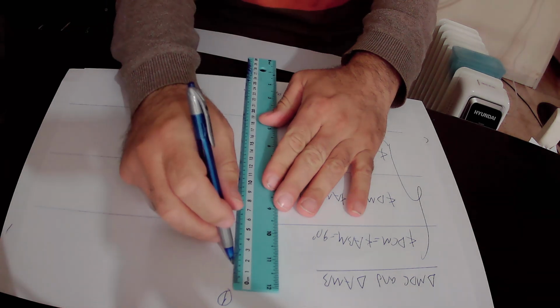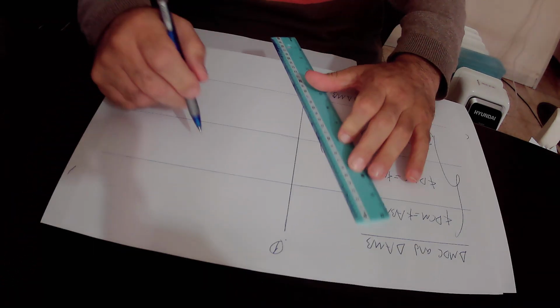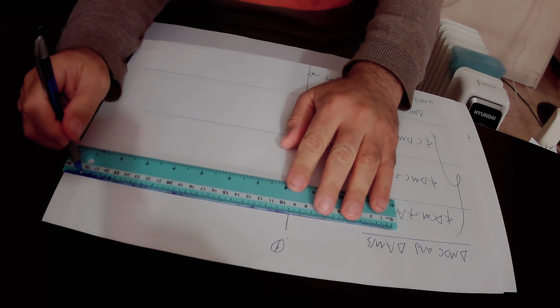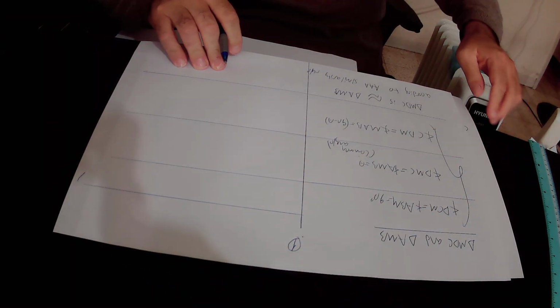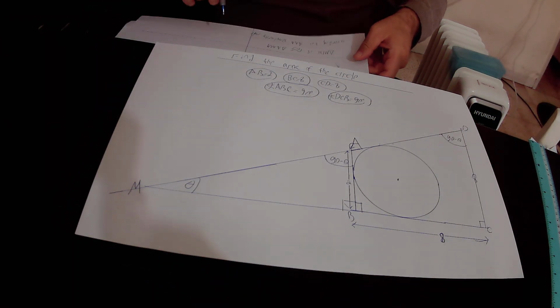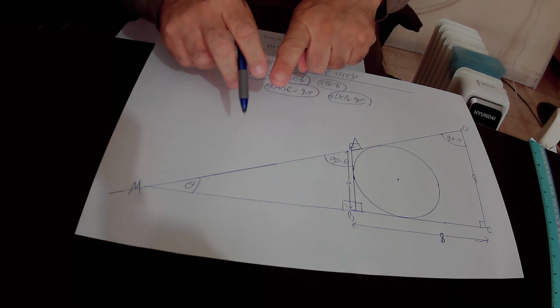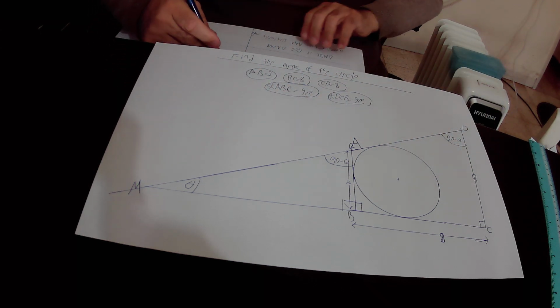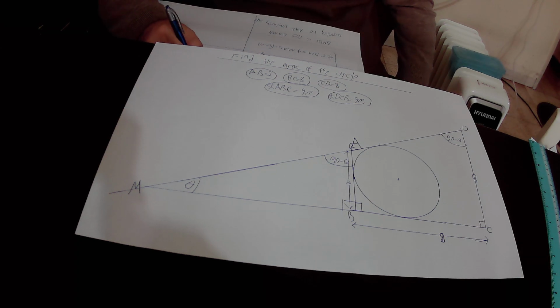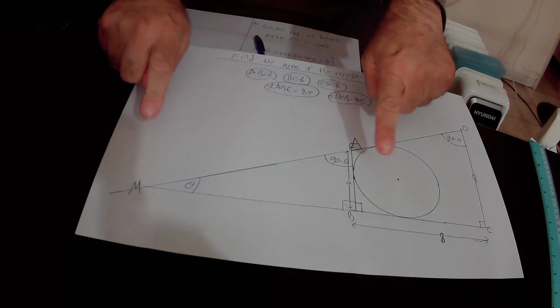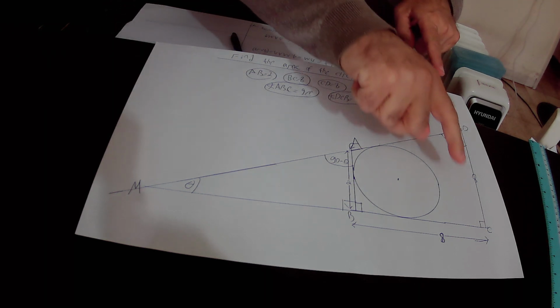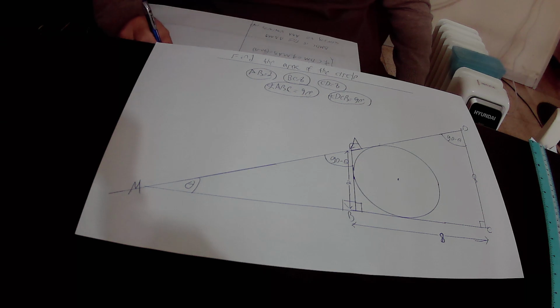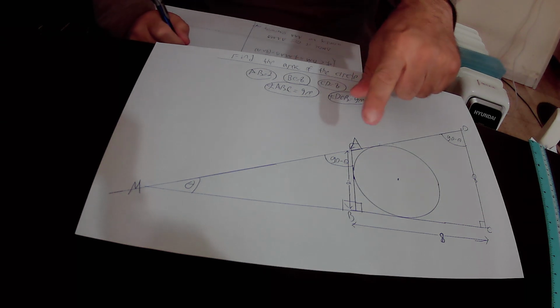And for the fact that the two right triangles are similar to each other, we derive that the following relationship exists between their sides: MC in the big triangle over MB in the small triangle is equal to DC in the big triangle over AB in the small triangle.